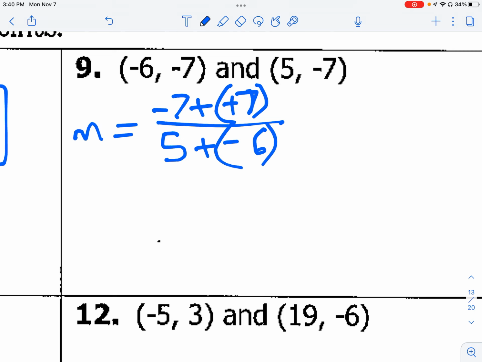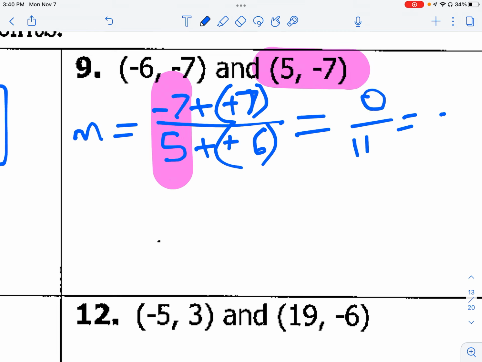So that's a plus, that's a plus. This is on top of each other. That's important. -7 plus 7 is 0 over 11. m is 0. I can make a better 0 than that. There we go.